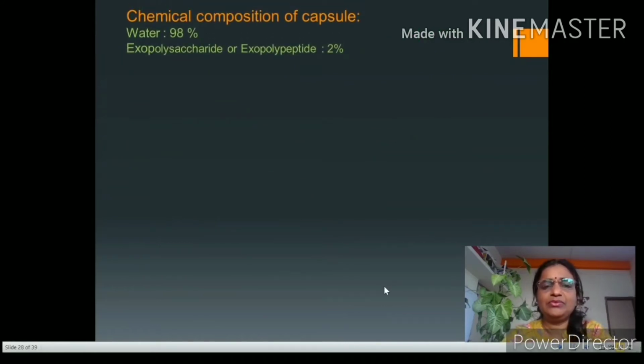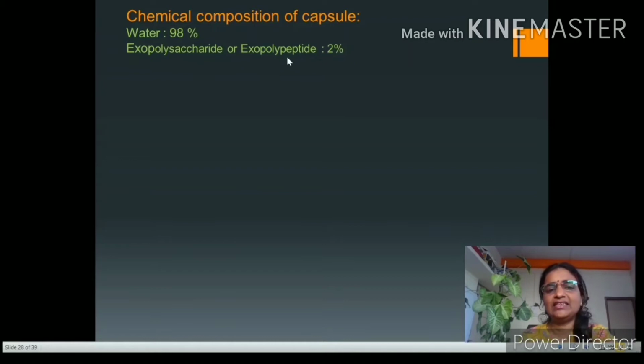Now let us study the chemical composition of the capsule. Capsules are chemically very simple, as they consist of only two components. The major component, about 98%, is water. The remaining 2% is made up of exopolysaccharide and exopolypeptide. In some bacteria the capsules have polysaccharides and in some bacteria the capsules contain polypeptides.